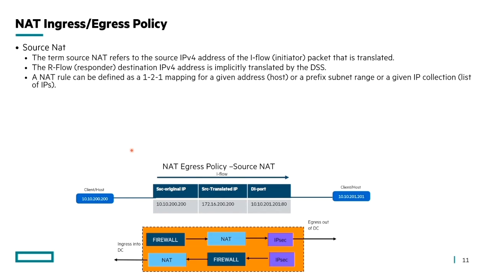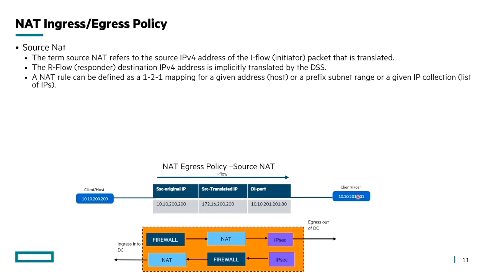So the NAT egress policy, as an example: here we've got a host 10.10.200.200. That's its original IP, and that is translated to 172.16.200.200. The destination IP does not change in this example, it stays 10.10.201.201, and that's the iFlow.